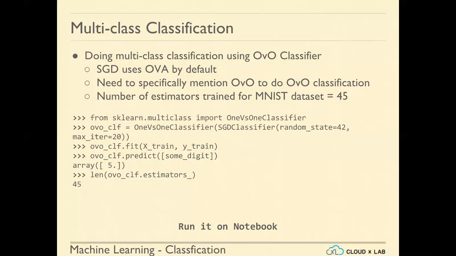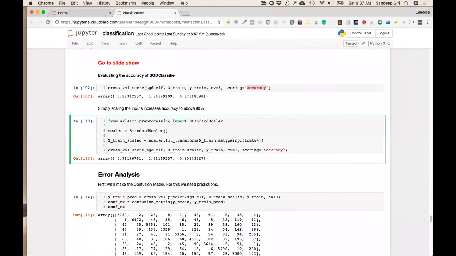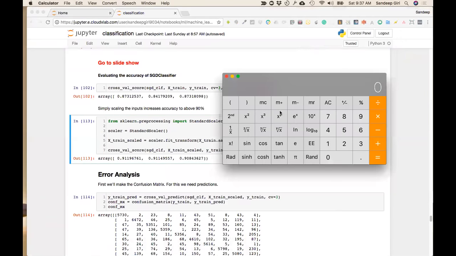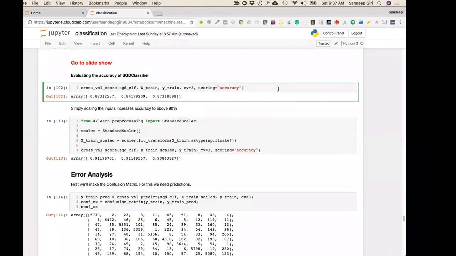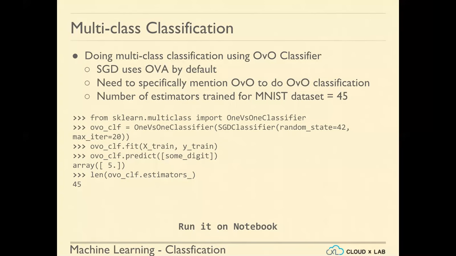If we had alphabets, say 26, the total number of classifiers would become 325. And if we had 36, it would be 36 times 35 divided by 2, so it will be 630. Therefore, it becomes impractical to use OVO.